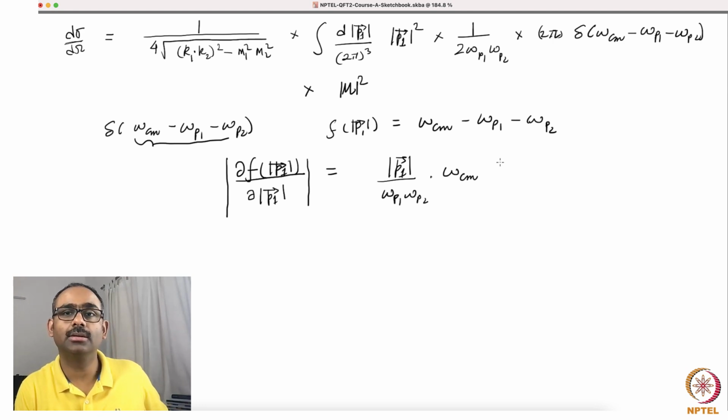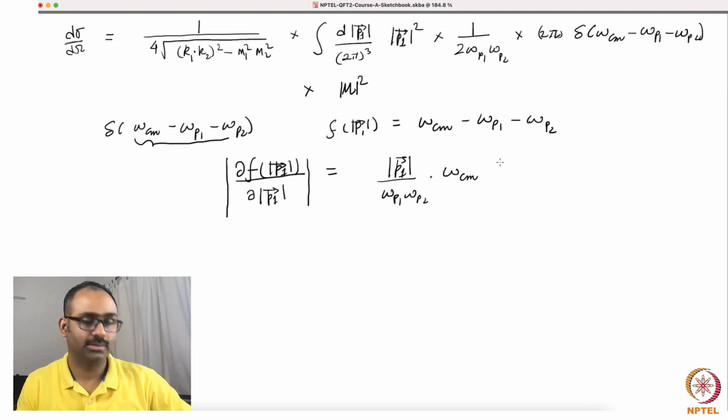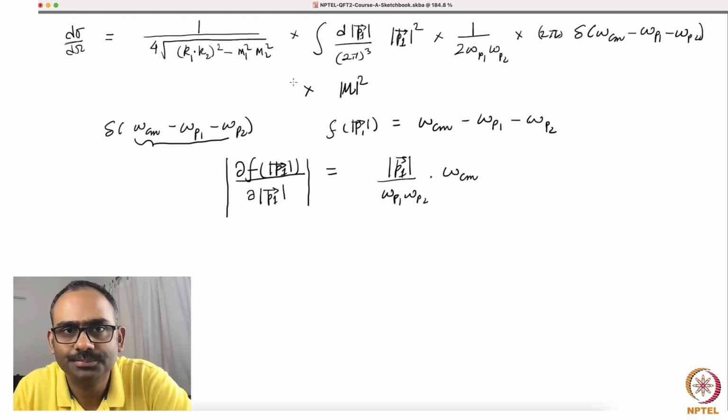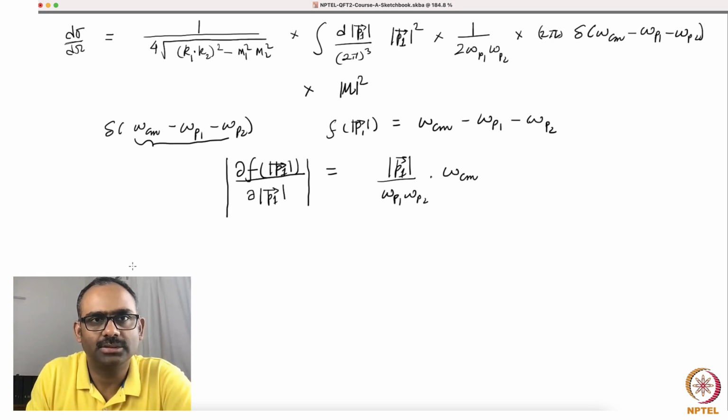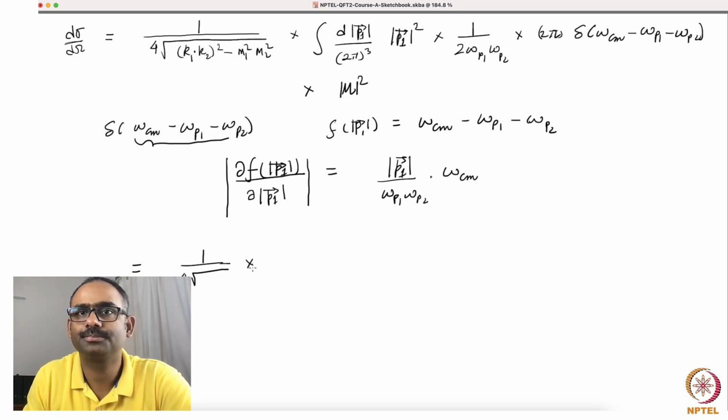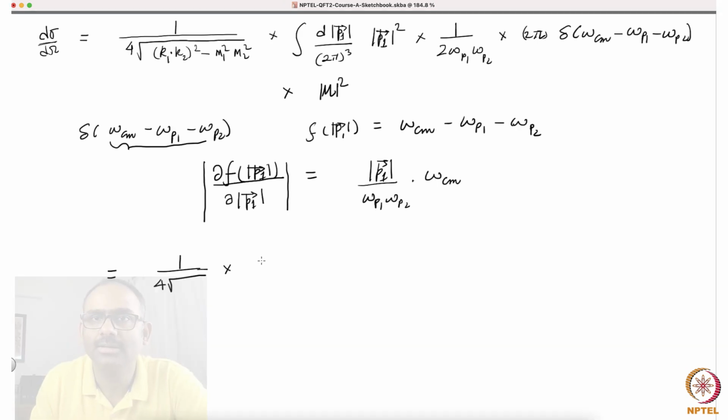So what do you get? Let's check. Let me write now. So this is 1 over 4 times whatever that is in the square root, times, so this factor I have to divide in the denominator, so that will give you omega p1 omega p2 over omega cm, that comes from here, and then you also have magnitude of p1.